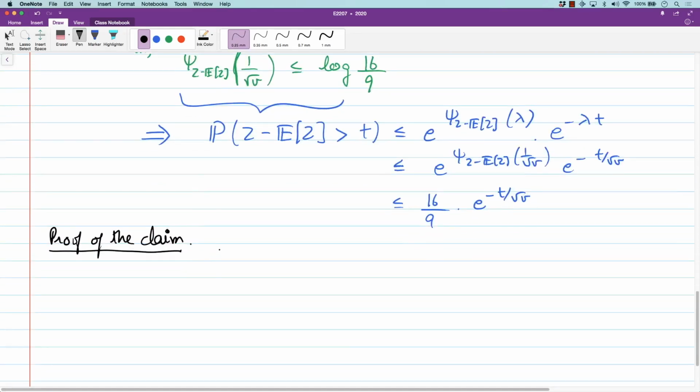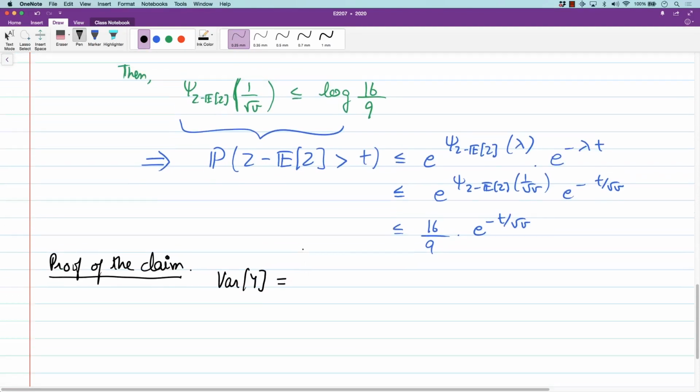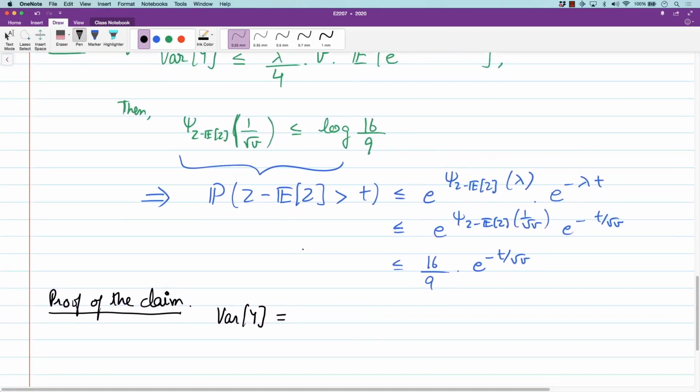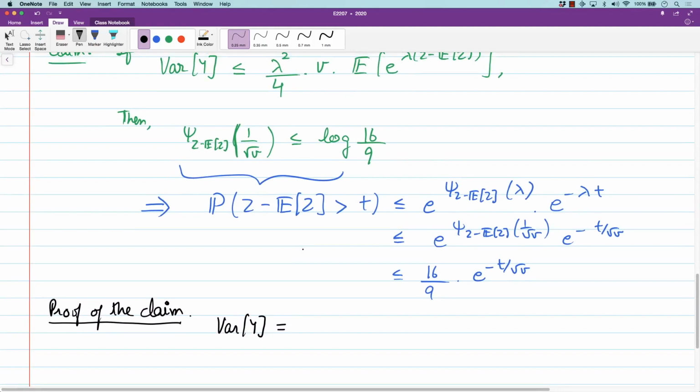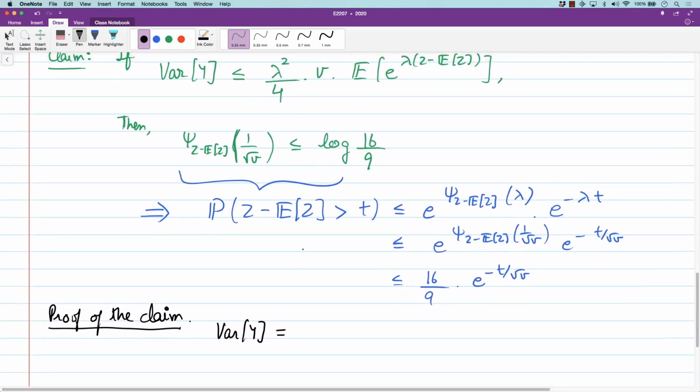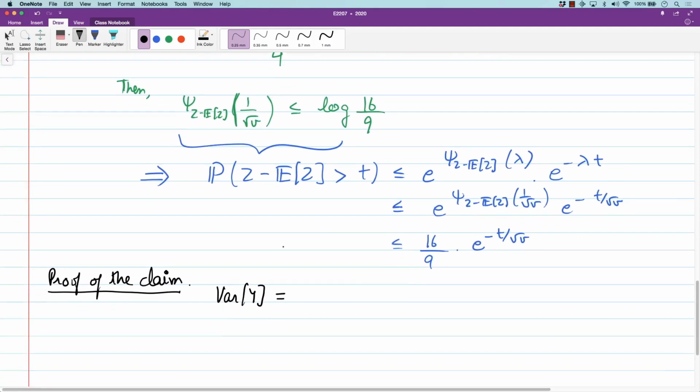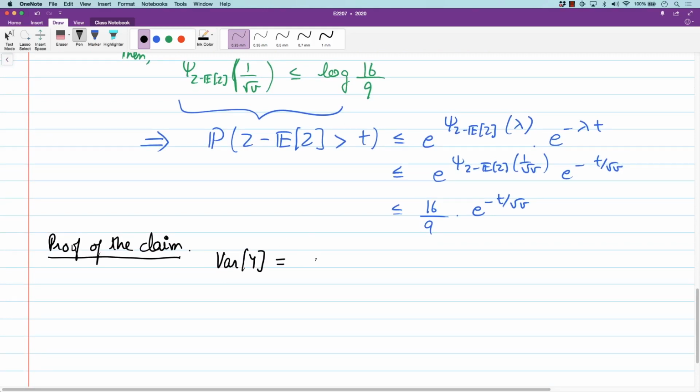To prove this claim, what we note is that the variance of y is equal to the expected value of e to the power lambda, this term, minus the expected value of e to the power lambda by 2 whole square outside.